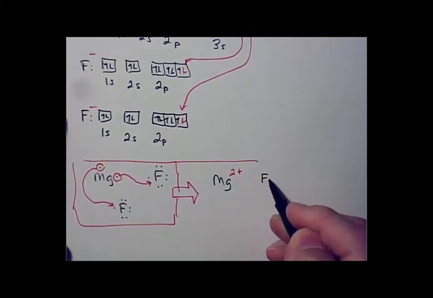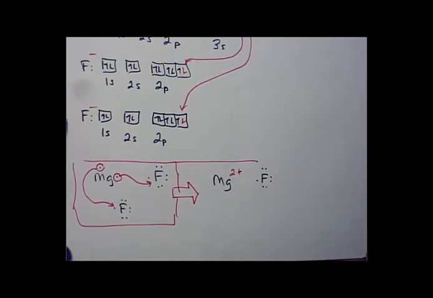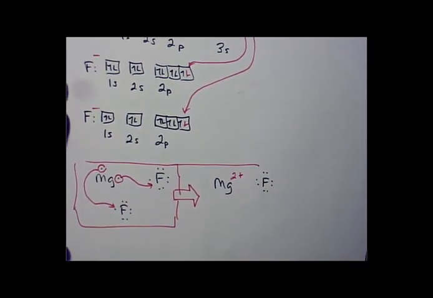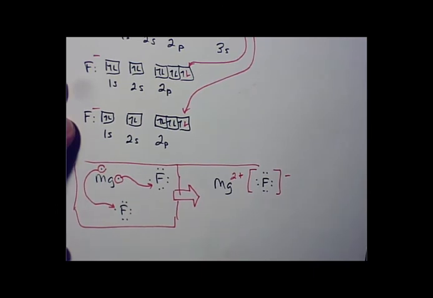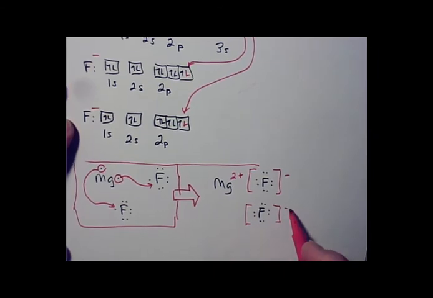One way to write this is to show a fluorine that has a full valence level, and this one fluorine has a negative charge, and then we've got another fluorine with a negative charge, okay, and that will be fine.